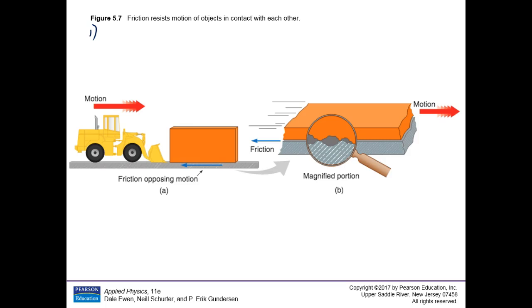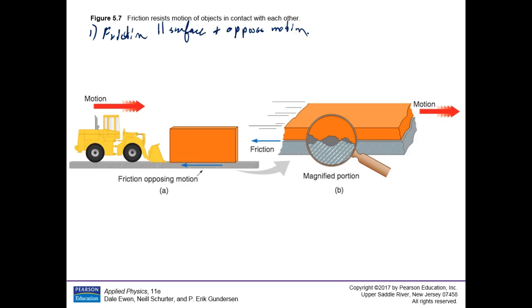Friction is a force that always acts parallel to the surface in contact and opposite to the direction of motion. Friction is parallel to the surface. I'm really lazy. I use the symbol of two parallel lines for parallel. And it opposes the motion. Okay?